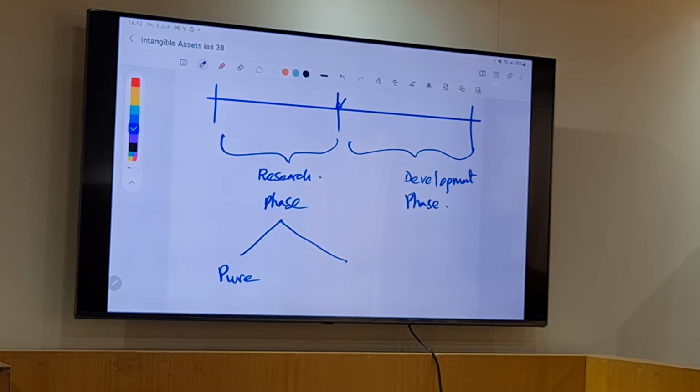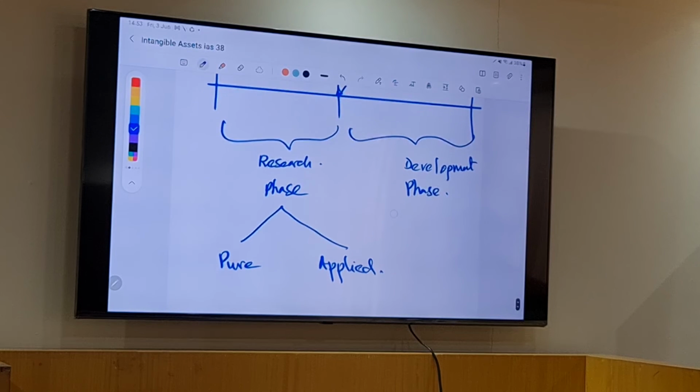Anyone who has studied double mens, they know this. Apply. Exactly. Applied research. Pure research and applied research. Development, once you complete the development, then that becomes an asset.